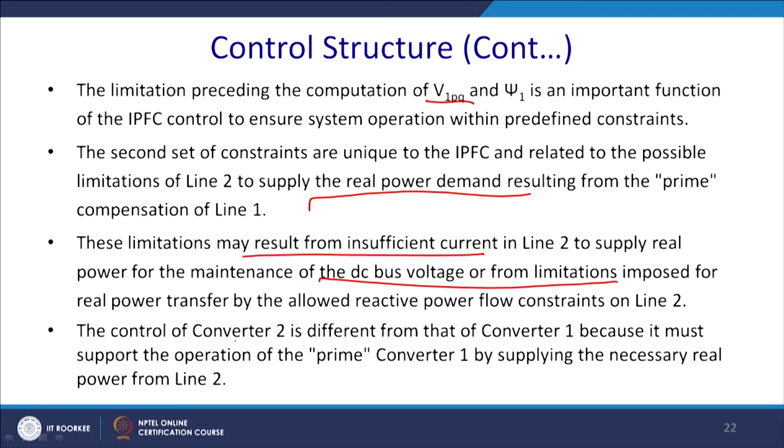The control of converter 2 is different from converter 1 because it must support the operation of the prime IPFC, and it has to supply the power demanded by the IPFC.